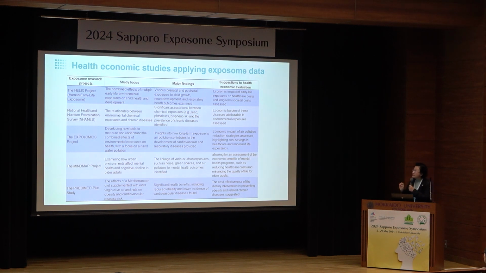And I also realized there are some health economic studies alongside the current exposome data. So this is just a brief review of some exposome research projects, and I really found the health economic studies as a result. They start from the results when the health outcomes are released, like child health and development and chronic diseases.